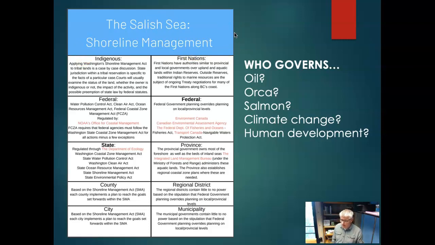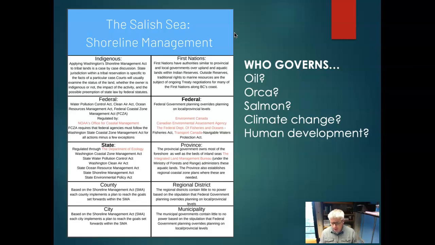So even in some instances of places I work, an individual owns the entire island, but I can still go up and do my shellfish work in the intertidal without having to seek permission from that individual. I have the same project going on in the San Juan Islands, and it's taken me a year to figure out who actually owns the land and try to make contact to get permission to access those beaches.